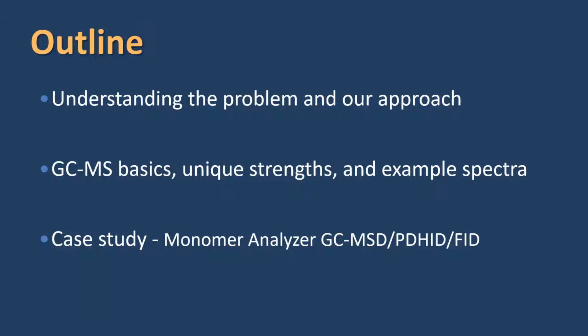So why don't we cover the basics of GC mass spec, talk about the unique strengths of this detector and the output of mass spec is spectra. We're going to look at some example spectra of analytes that we're interested in. Lastly, we're going to look at a case study of a monomer analyzer. This GC uses three detectors: mass spec detector, a PDHID, and an FID.